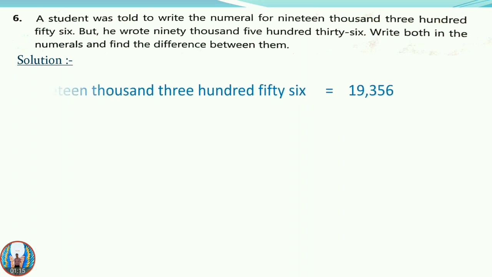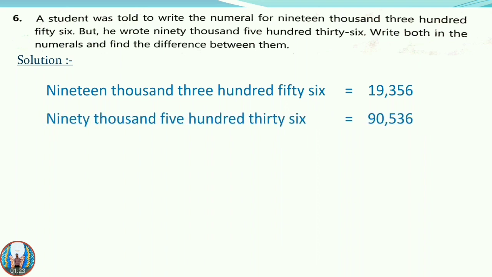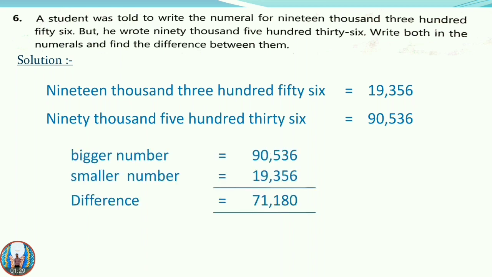So first one, 19,356 equals 19356. Second one, 90,536, that is 90536. So the difference is 71,180. So the difference is 71,180.